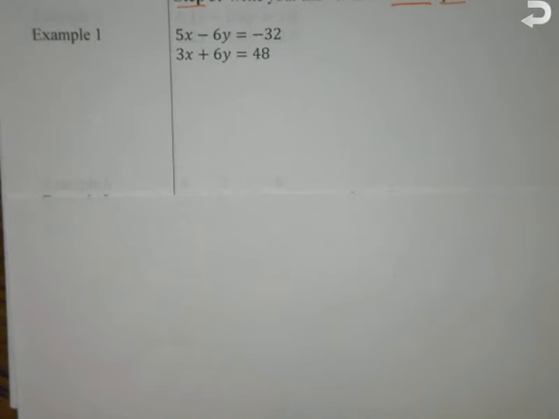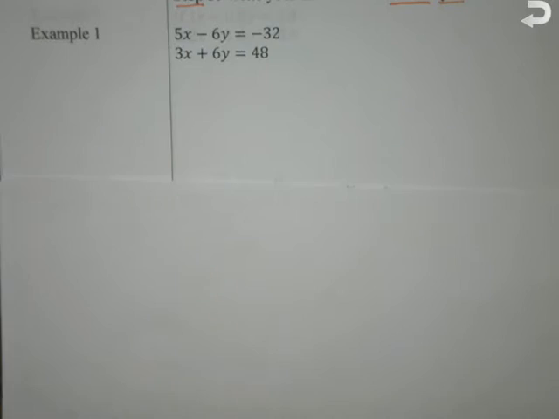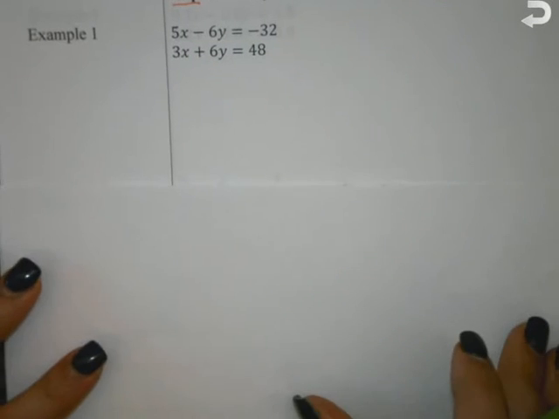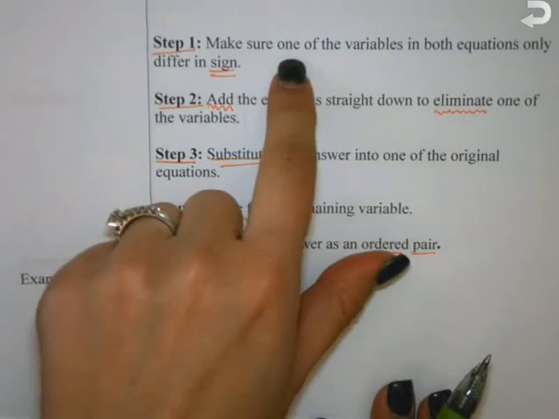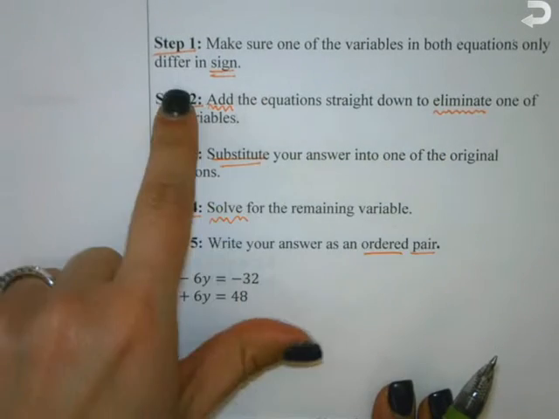All right, so example 1. We have 5x minus 6y equals negative 32, and 3x plus 6y equals positive 48. So, if you guys notice, the first step in the steps that we wrote down is to make sure one of the variables in both equations only differ in sign.